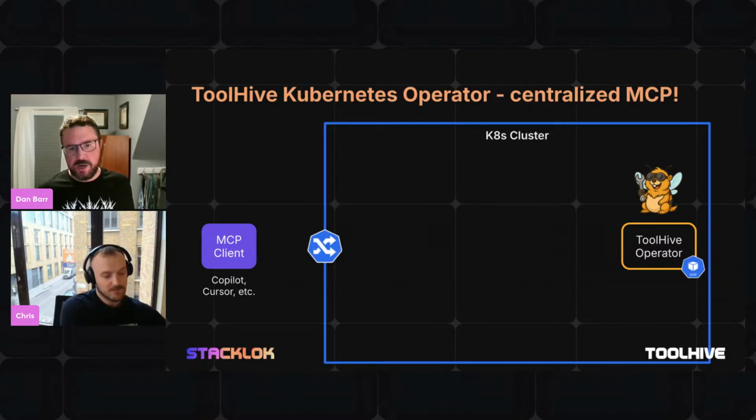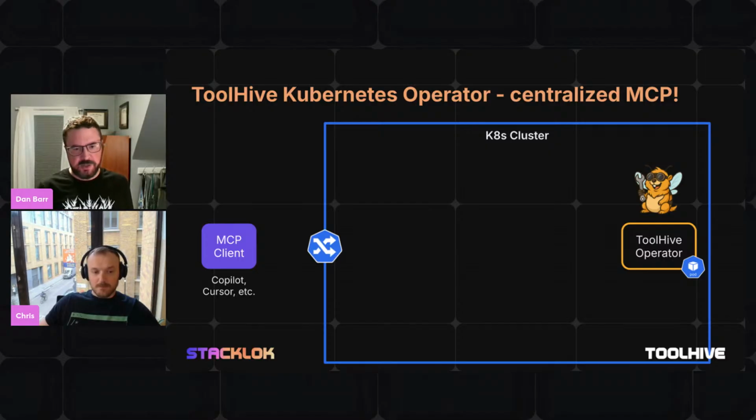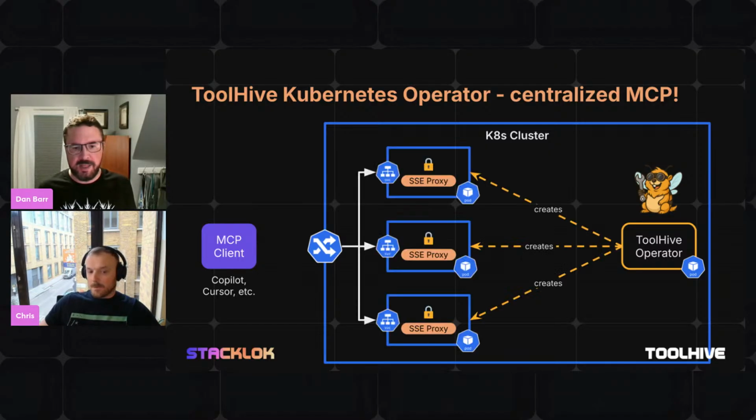But obviously today we are here to talk about Kubernetes. So we also have a Kubernetes operator for ToolHive. And the way this works at a high level, and Chris is going to go into a lot more detail around this, is the ToolHive operator is running inside your Kubernetes cluster. When you create a new custom MCP server resource, it is going to create a pod and an associated service for the SSE proxy.